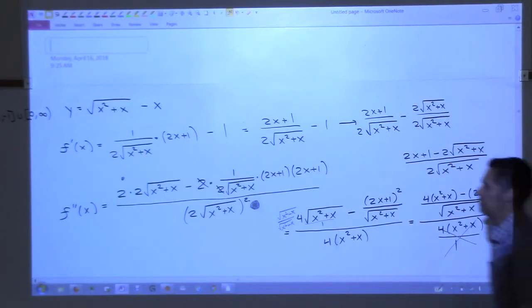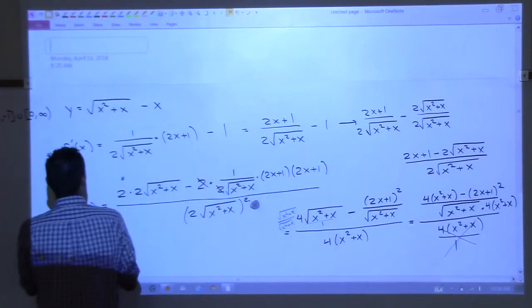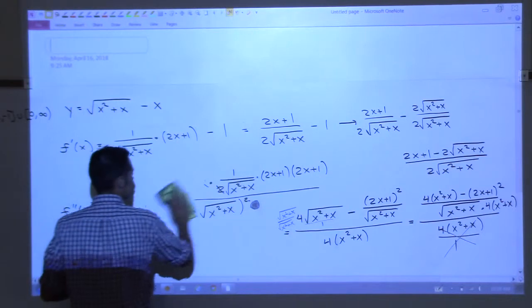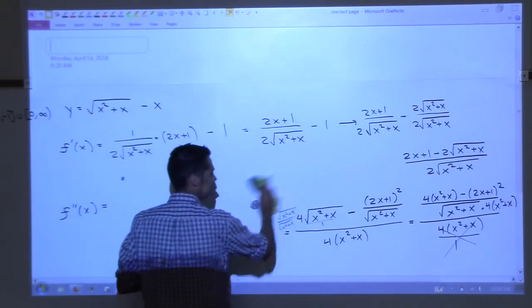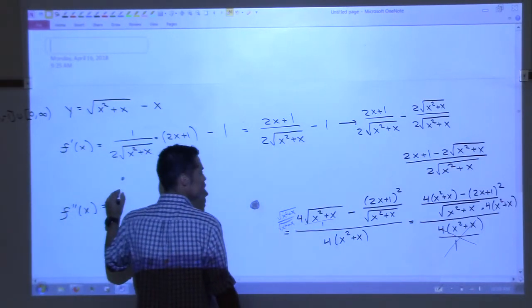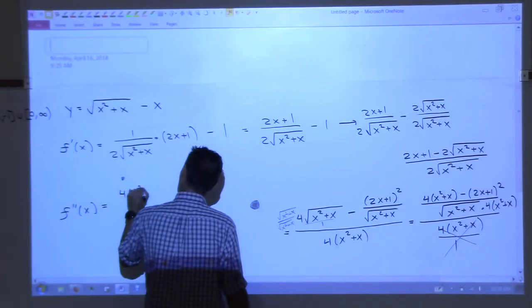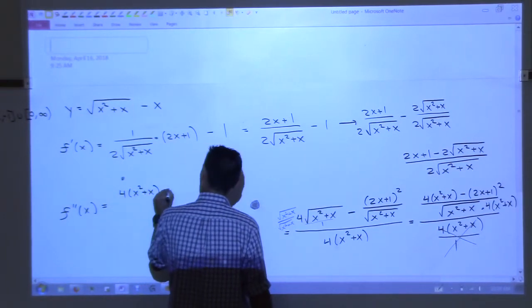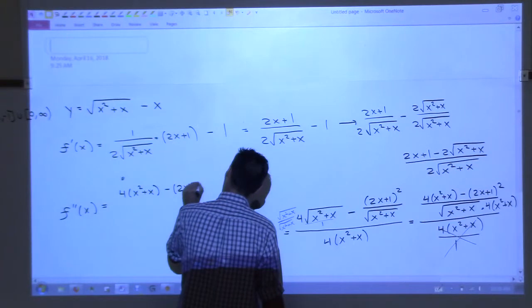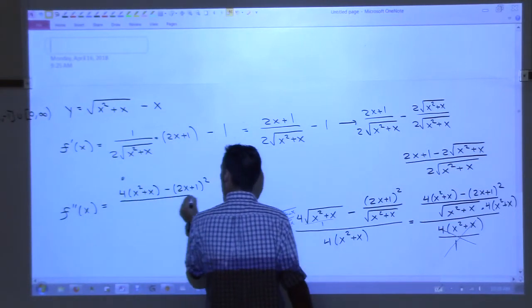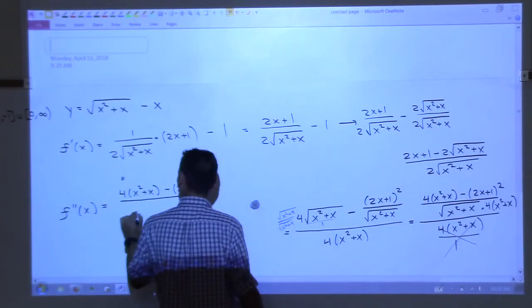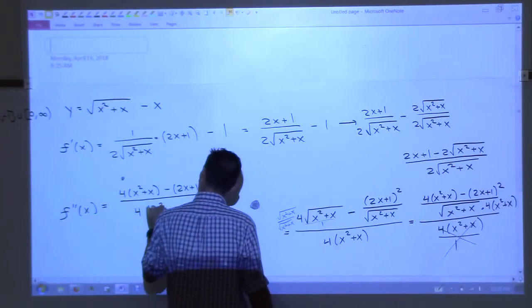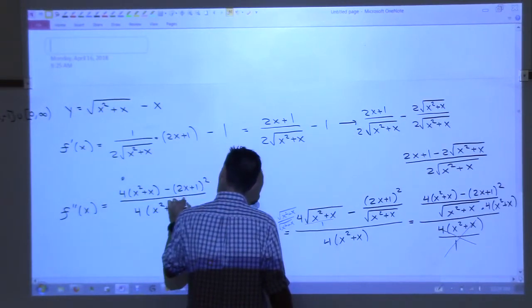So at the end of the day, that second derivative looks like this. It is 4 times x squared plus x minus 2x plus 1 squared over 4 x squared plus x to the 3 halves.